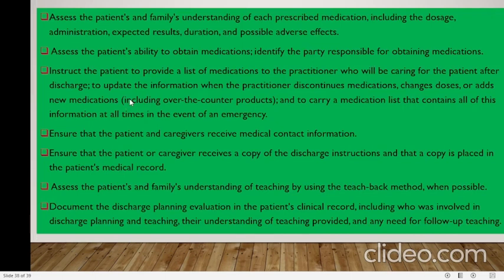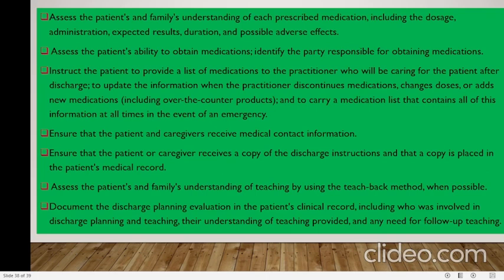You need to assess the patient's and family's understanding of each prescribed drug, including its dosage, administration, expected result, duration, and possible adverse effects. Assess the patient's ability to obtain medication. Identify the party responsible for obtaining medication.